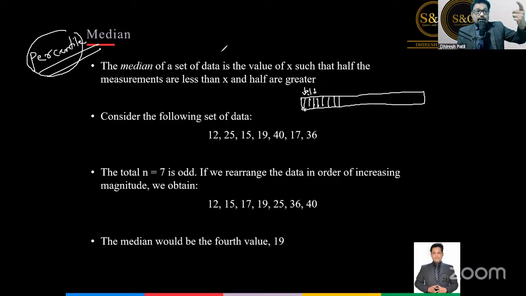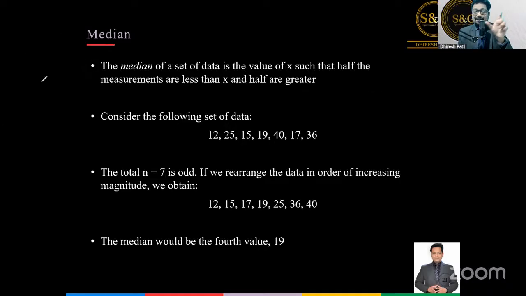With the same fundamental, if I have to explain quartile: percentile is cutting the data set into 100 equal parts. What is quartile then? Quartile is cutting this entire piece into 4 equal parts.